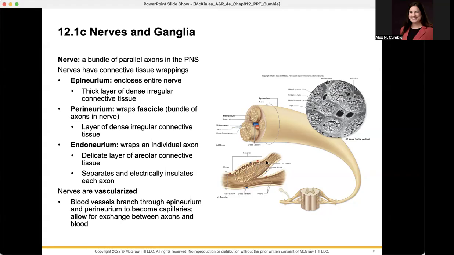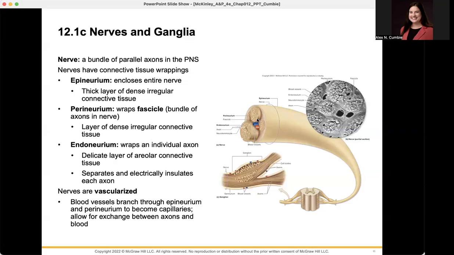That ganglion has all those axons coming off of it. Those axons are going to come together to form a nerve. And those axons are going to be wrapped around by a bunch of different layers. The entire nerve itself, which is a bunch of bundles of axons, is surrounded by epineurium. Epi meaning outside, neurium, okay, meaning for the nerve.